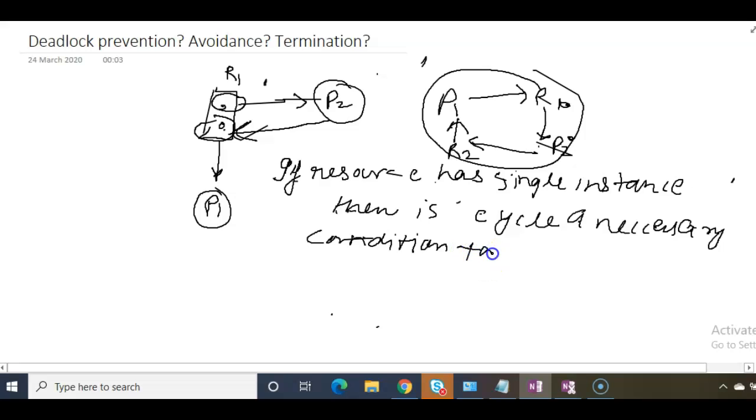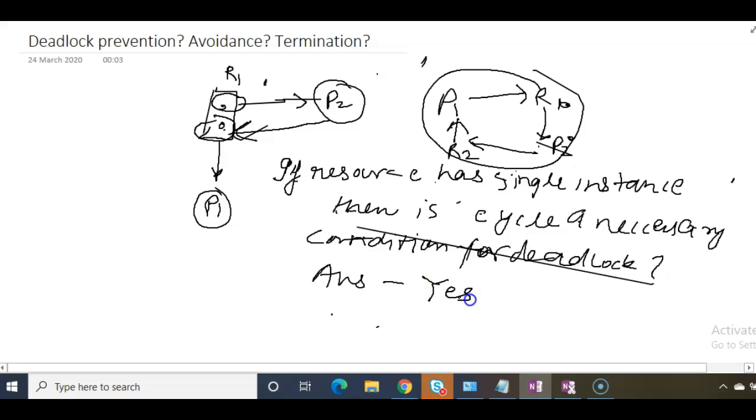So this is a question. The answer is yes. If there is only one instance of every resource, then a cycle is a necessary condition for deadlock.